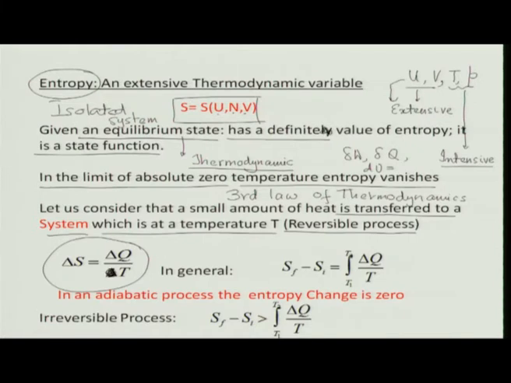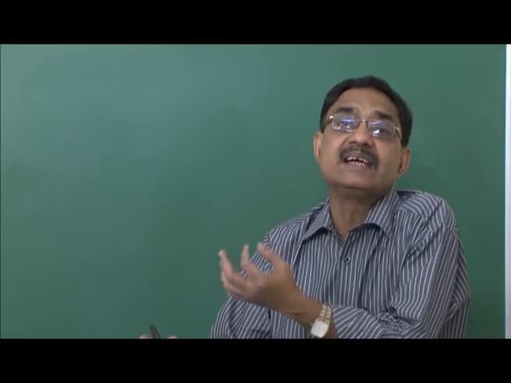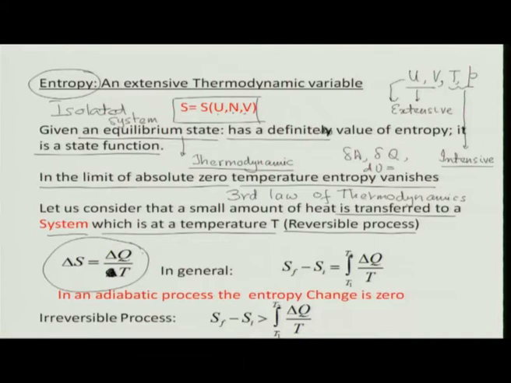This is the amount of heat supplied, and this is the T, the temperature at which the system is maintained in equilibrium. That means here I am assuming delta Q tends to 0. This is the small change in entropy in this process, which I have said is a reversible process.